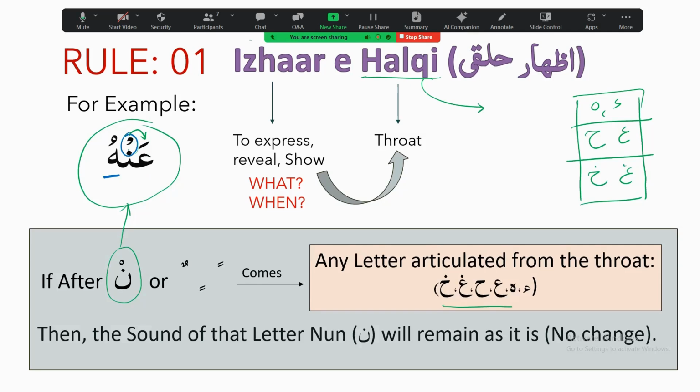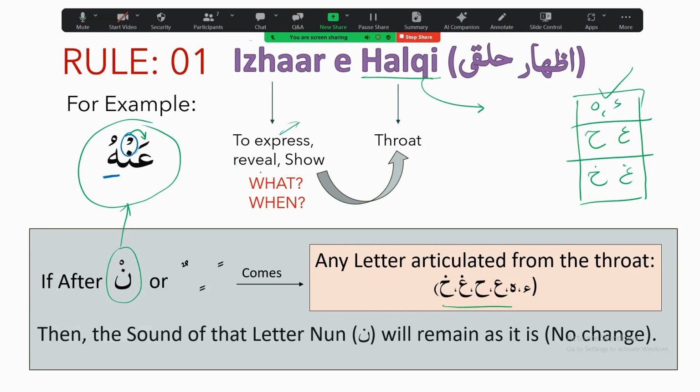If any of these 6 letters of the throat come, you will just keep the sound of noon sakin as it is, make it apparent, express it, reveal it, show it as it is.